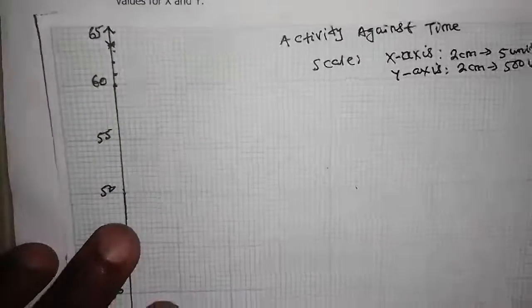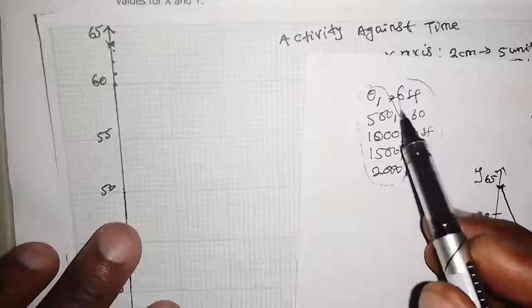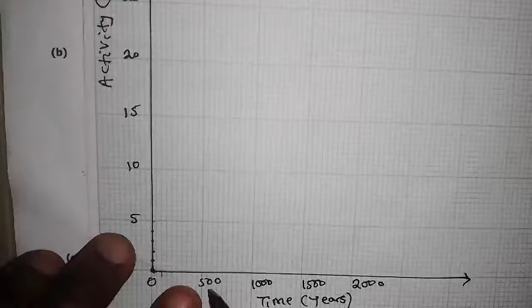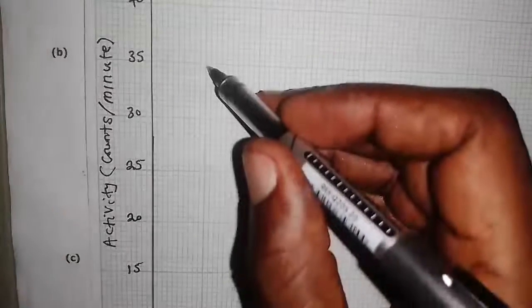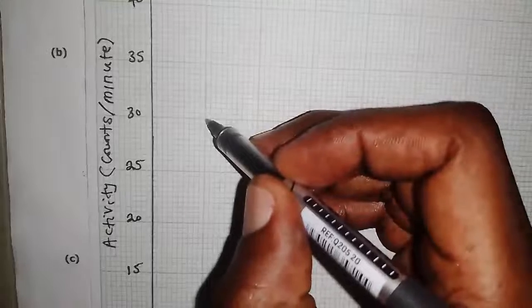And then now we have 500, 30. On the x-axis it is 500, and you go up, and you see that there is 30 there. This is where they are intersecting, so you put that.